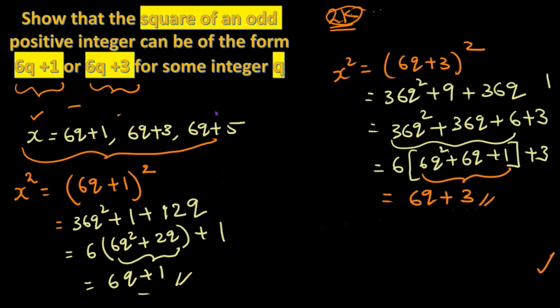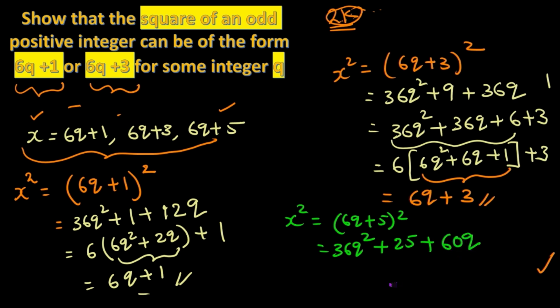Now we'll check with the last term. If this also we are able to write as either 6q plus 1 or 6q plus 3, we are done with the problem. Now let's check x square for the last term, that is 6q plus 5 whole square. If you square it, 36q square, 5 square is 25, plus 2 into 5 into 6q, that is 60q. Now 36q square will go with 6, no problem, and 60q will go, no problem.